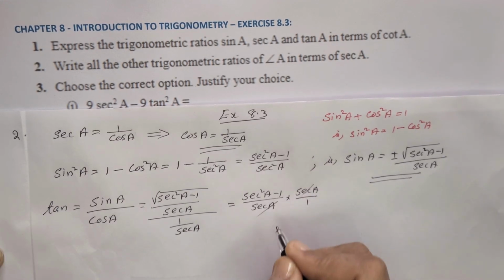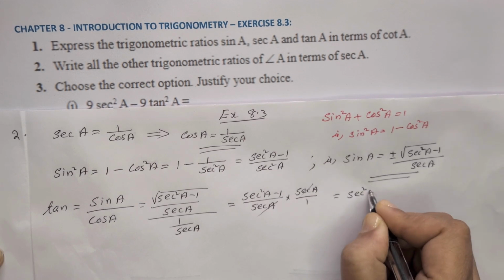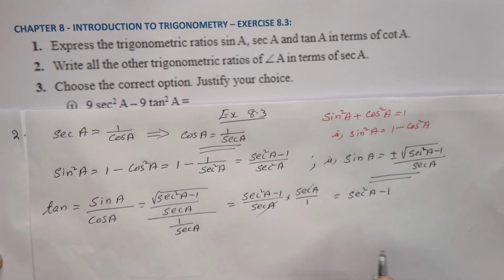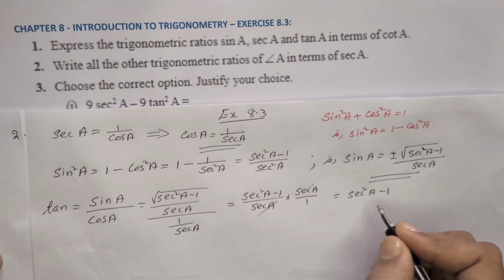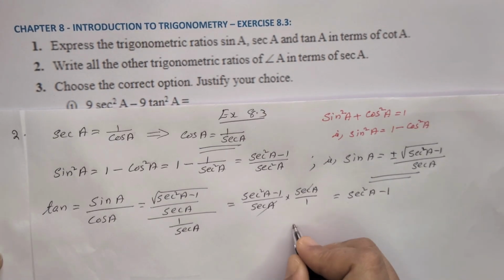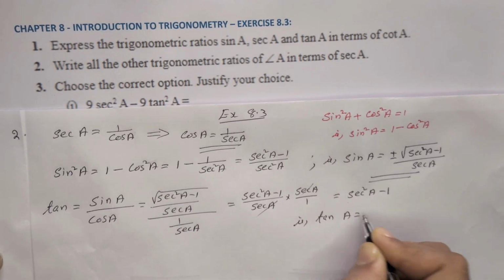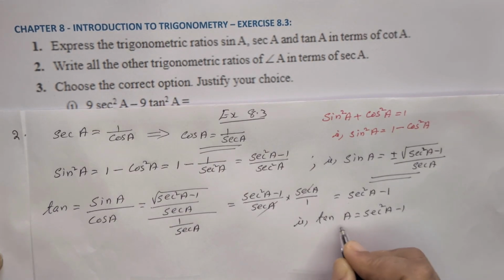So this can cancel, which is equal to root of sec square A minus 1. So tan A is equal to root of sec square A minus 1. Once more, tan A is equal to root of sec square A minus 1.